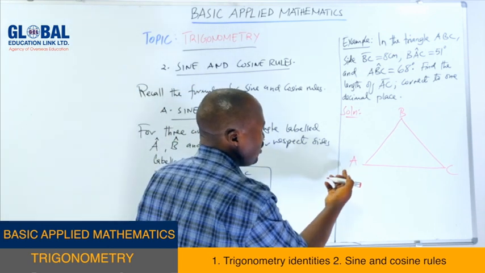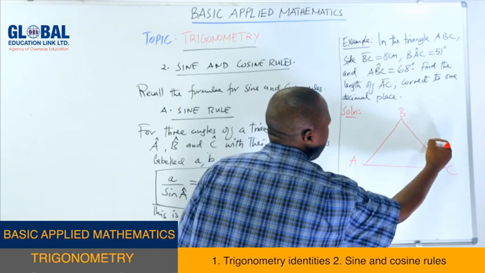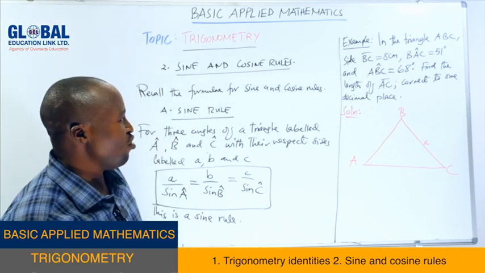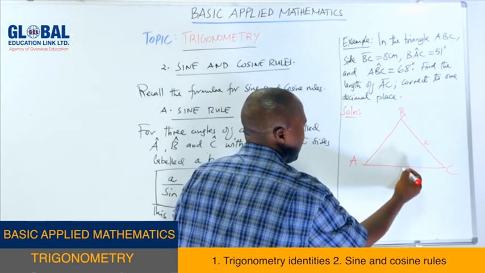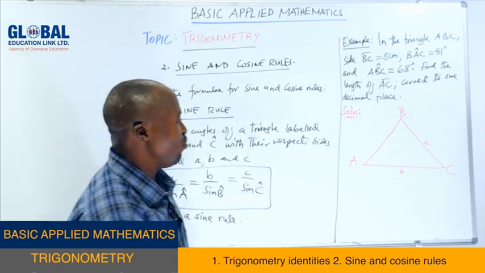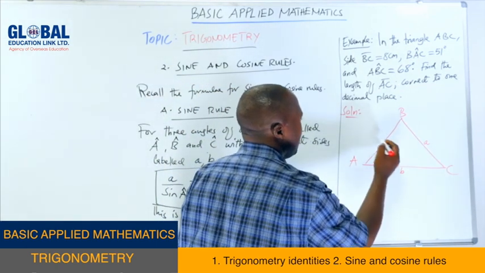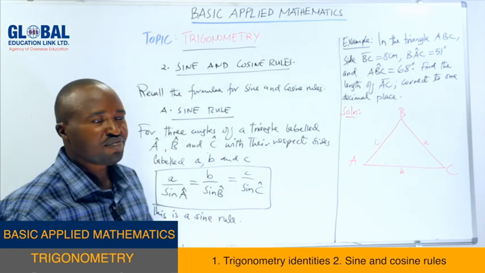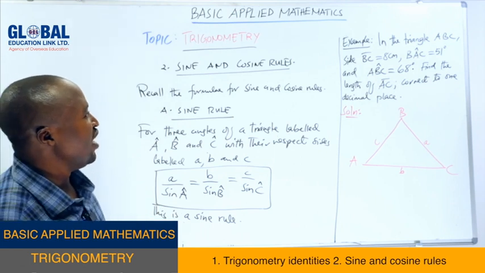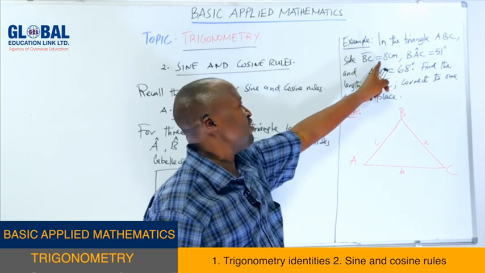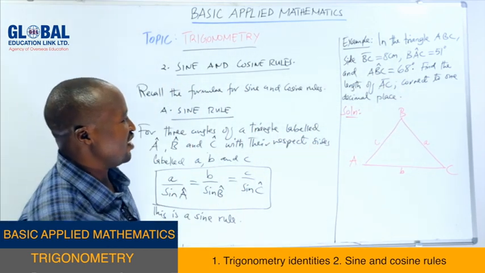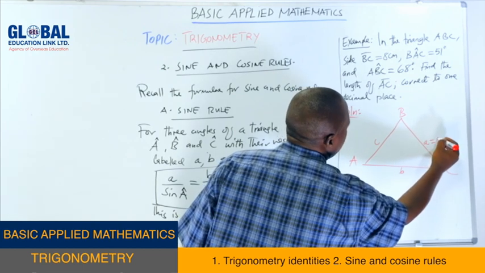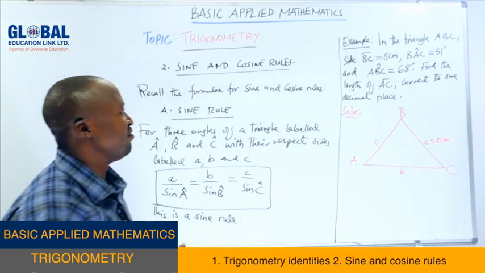Opposite angle A, we are going to have the length A. Opposite angle B, we are going to have the length B. And opposite angle C, we are going to have the length C. Now, in the information, BC, which is the same as A, is equal to 8 centimeters.